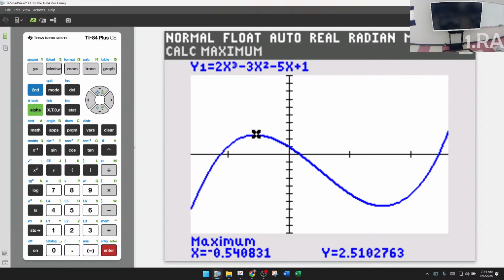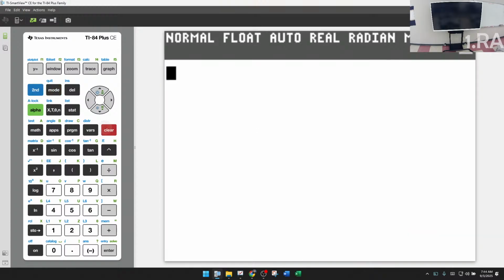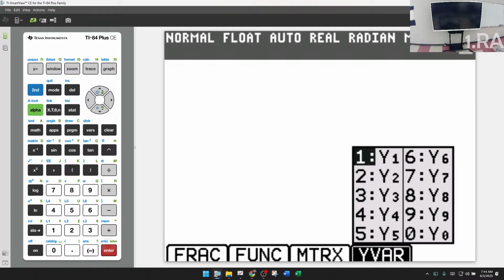Okay, there's the max, 2.51. I've got to remember that, 2.51, because this could be the max and it almost looks the same. So now I'm just going to do this, 2.51, alpha, trace, y1.